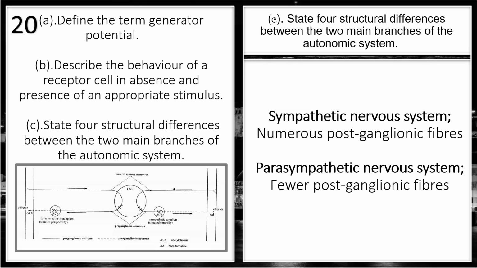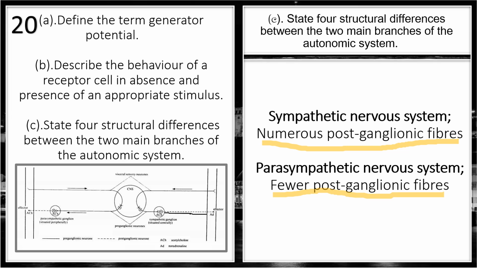The sympathetic nervous system has numerous postganglionic fibers. In the parasympathetic system, there are few postganglionic fibers. So the postganglionic fibers are these ones that are coming from the ganglion.